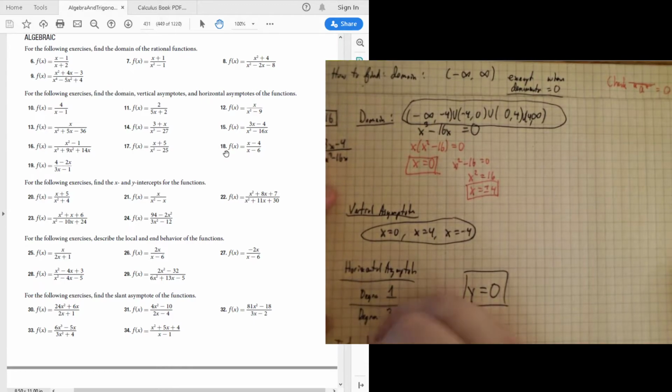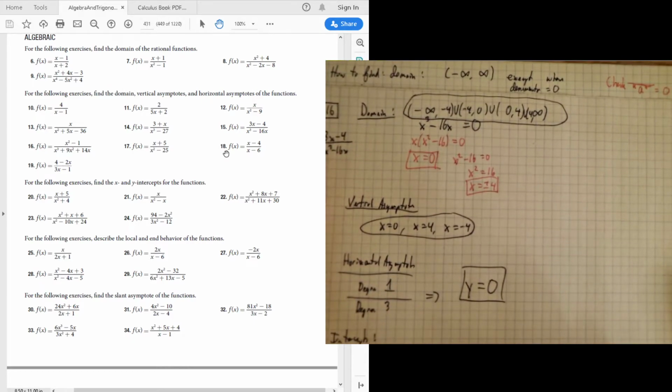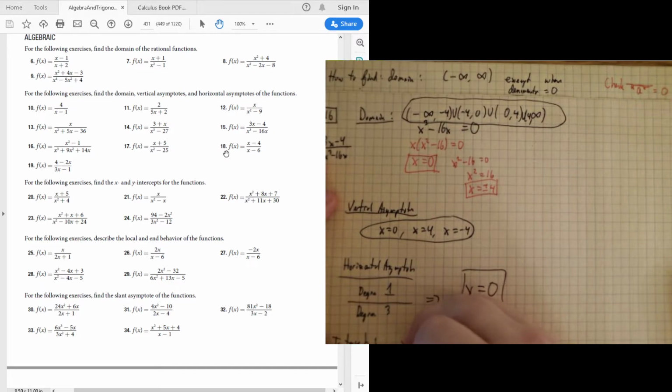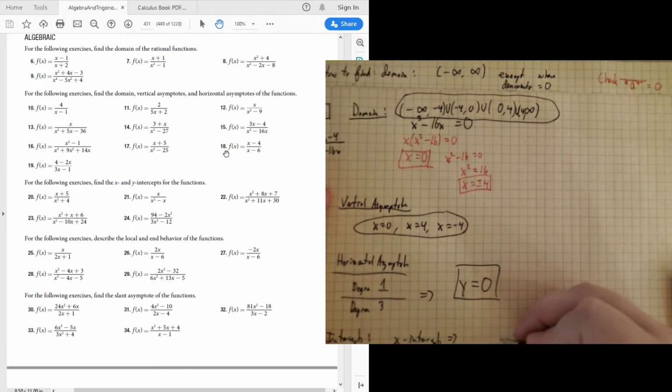So, what are my intercepts? Well, for this problem, let's start with the x-intercepts. The x-intercepts occur whenever the numerator equals 0. So, when the numerator equals 0, that means 3x minus 4 equals 0.